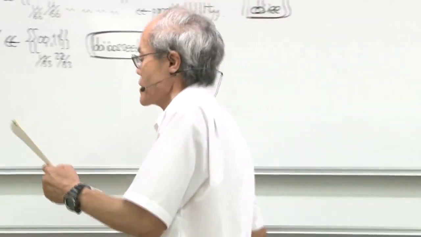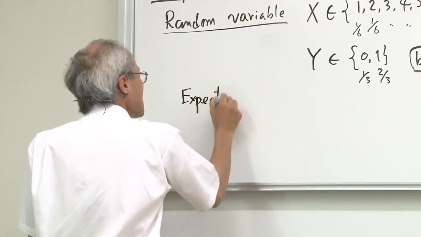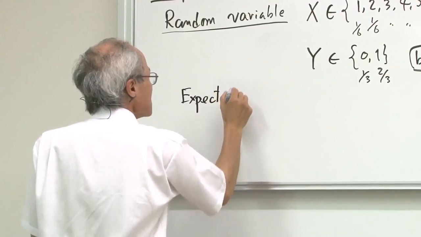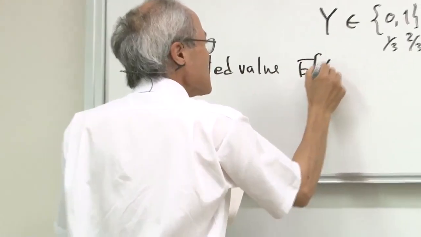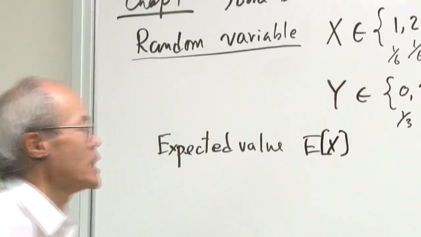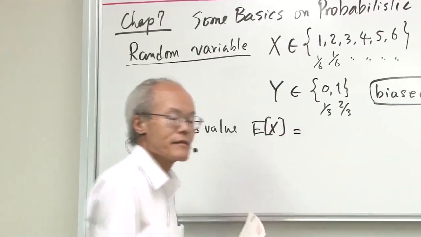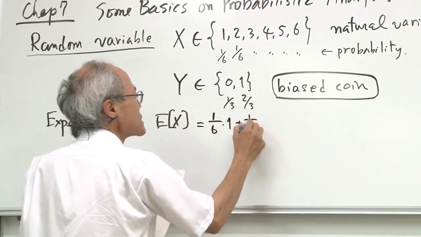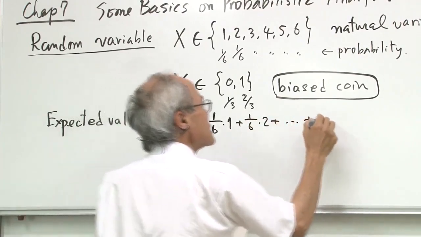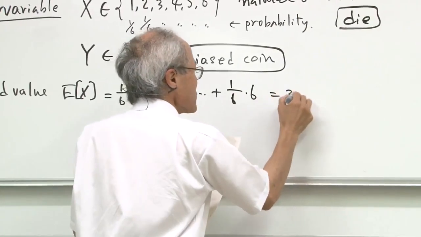probably the most important thing about random variables is expected value. Expected value, E of x. Random variable x and its expected value. Of course, you know the definition. That is 1/6 times 1 plus 1/6 times 2 plus and so on, plus 1/6 times 6, which is equal to 3.5.